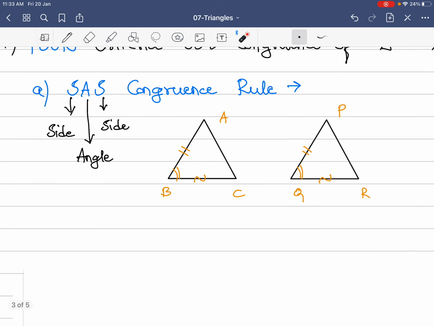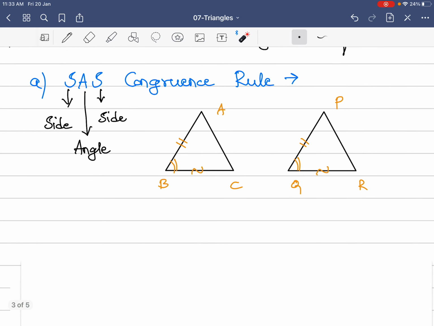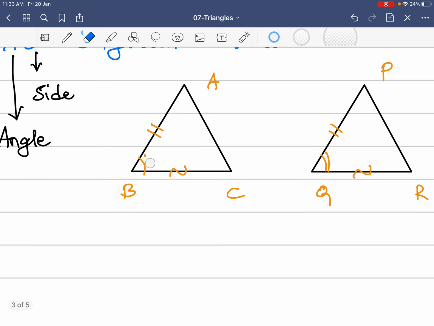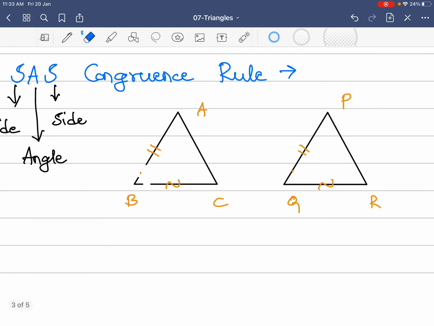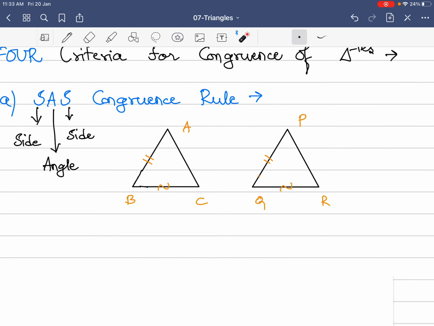You cannot use this congruence rule by saying that these two sides are equal and this is the angle which is equal. Let me clarify this point by erasing this. Now let's say this is a triangle, and we have these two triangles, ABC and PQR, given to you, and AB is equal to PQ and BC is equal to QR.